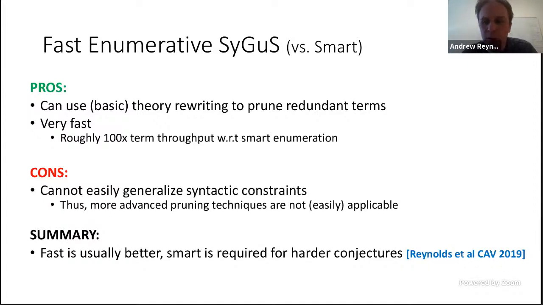But the summary is, in fact, fast enumeration is usually better for most of the SyGuS comp benchmarks. However, when you're really dealing with difficult problems, you should use smart enumeration generally. So in particular for invariant synthesis problems, we almost always use smart.